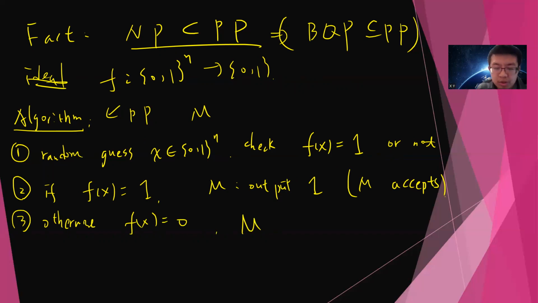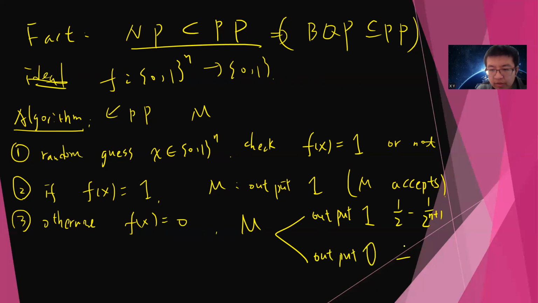So M outputs 1 with probability less than half, but only a little bit less: half minus 1 divided by 2 to the n plus 1, and outputs 0 with probability half plus this. Okay, so this is our algorithm.